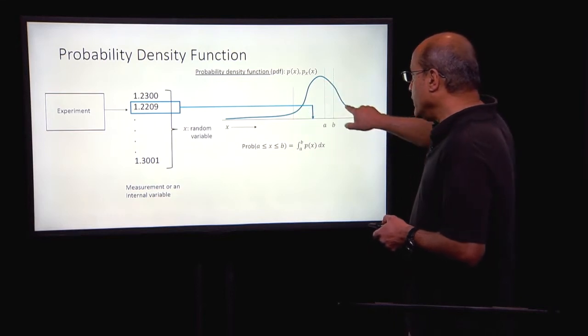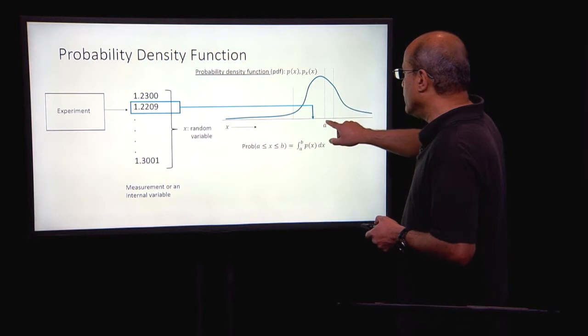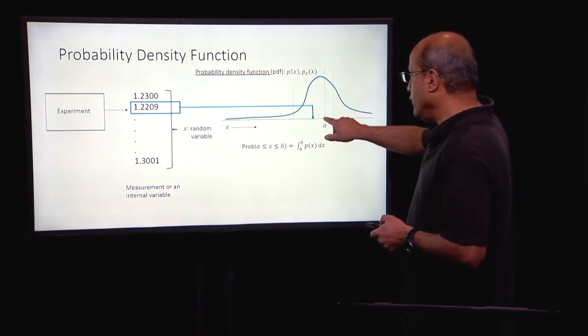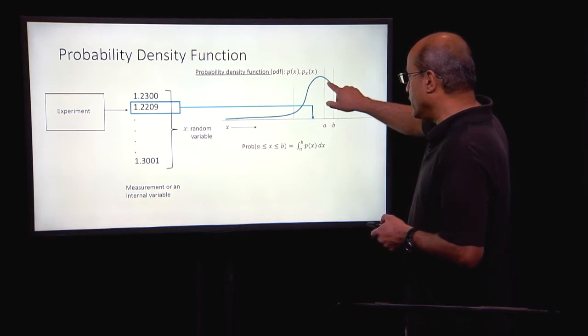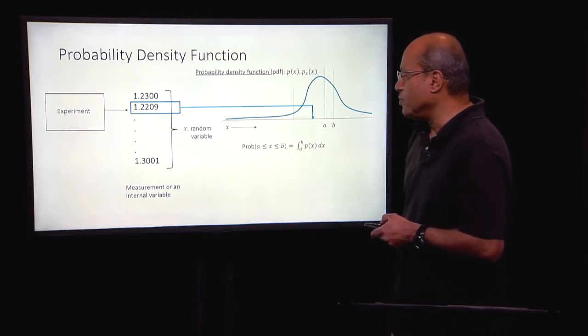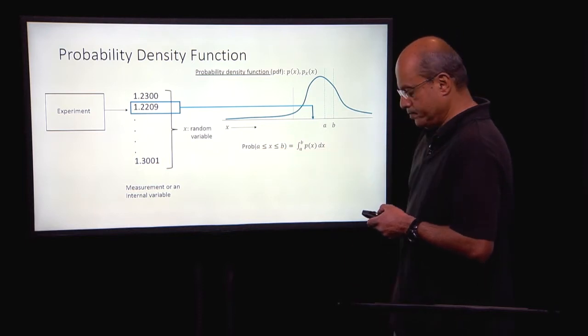The probability density function gives you this number as the area under the curve between a and b. So here is that function, and if you then simply calculate the area from a to b under that curve, that number gives you the probability that x takes values between a and b.